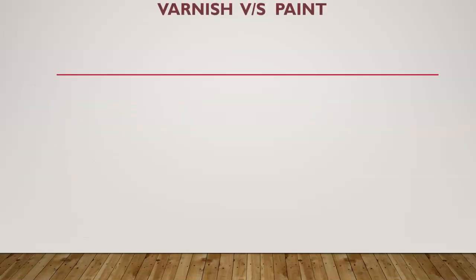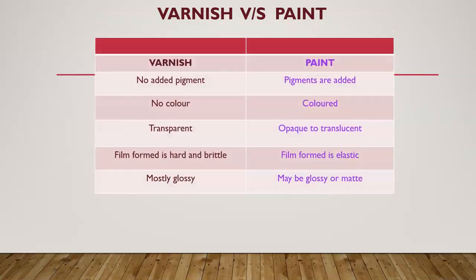Along with the varnish, the other surface coating material is paint. So the two most commonly used surface coating materials are varnish and paint. Let us compare them. Varnish does not have any added pigment, while pigments are always added to a paint.